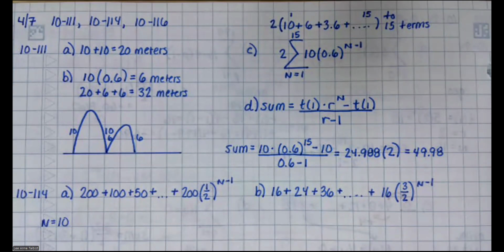Does it make sense that if theoretically I let it bounce forever, each time it bounced, it would just be a little teeny tiny bounce? Okay, so if I'm only going to be adding teeny tiny amounts as it keeps bouncing past 15 bounces, what do you think the total distance would be if I let it bounce forever?